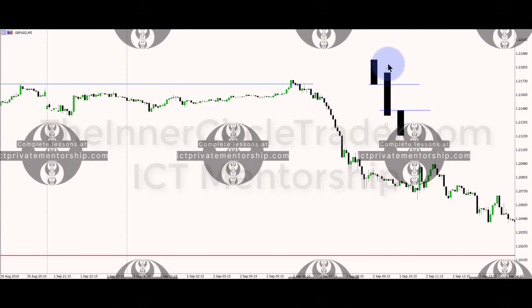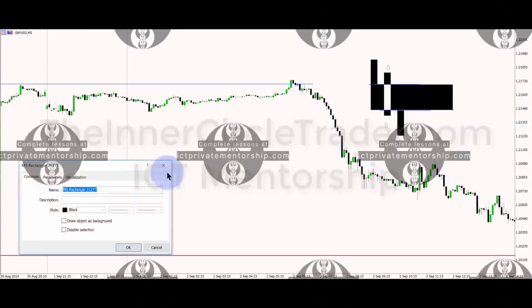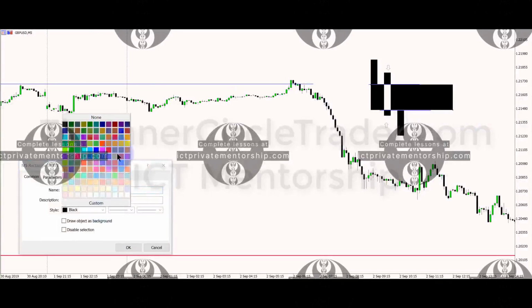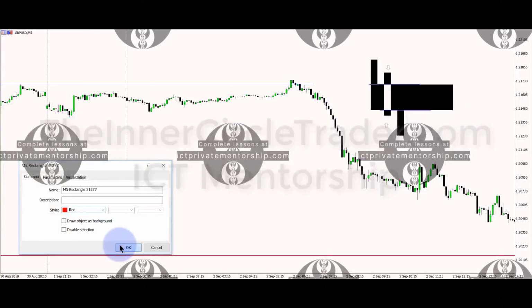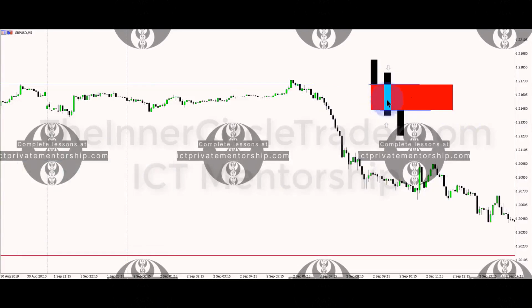So when I look at charts, my eye goes immediately right into here. I see that. So I know I want to be a seller inside that blue area.